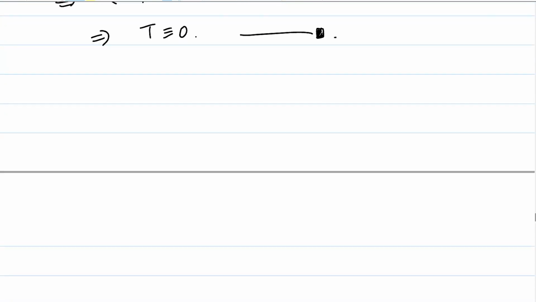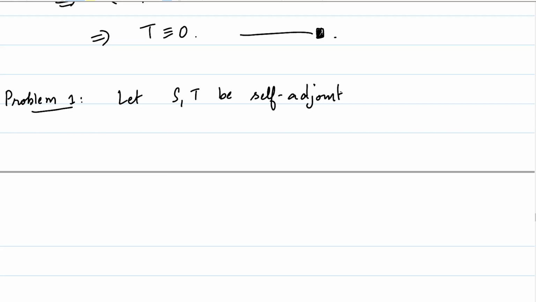Okay, so let's prove maybe one or two problems. So let S comma T be self-adjoint linear operators on a finite dimensional inner product space.